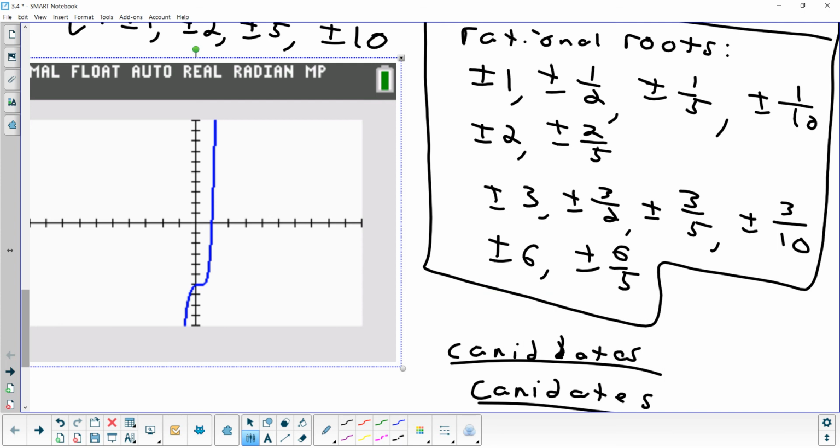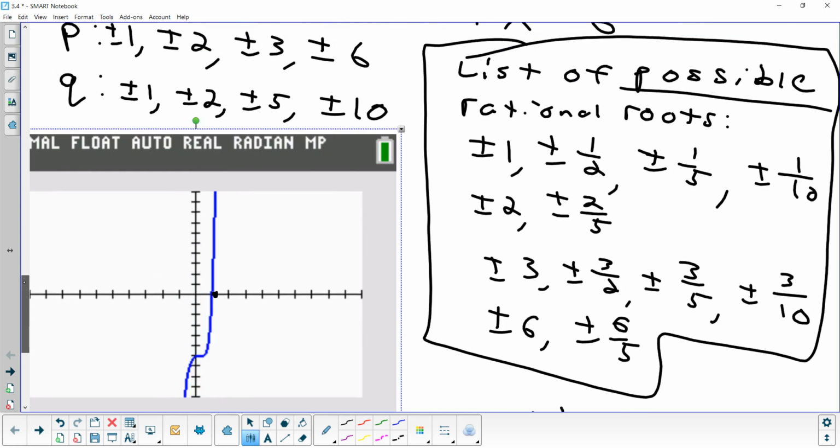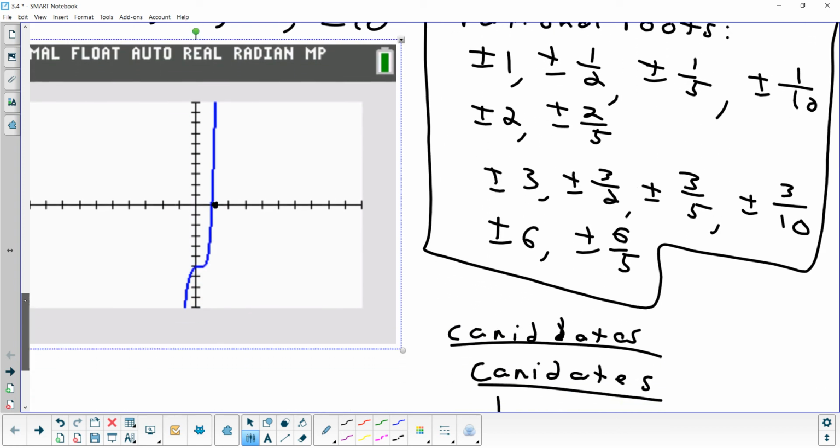That's way over here, or way over here. 6 fifths, that's 1.2. So I definitely don't think you could argue negative 1.2. But if you said positive 6 fifths, maybe. That would probably be right about there. So it's kind of close, but I really don't think it's 6 fifths. The closest one I really think is 1, and that's really the only candidate that makes sense.